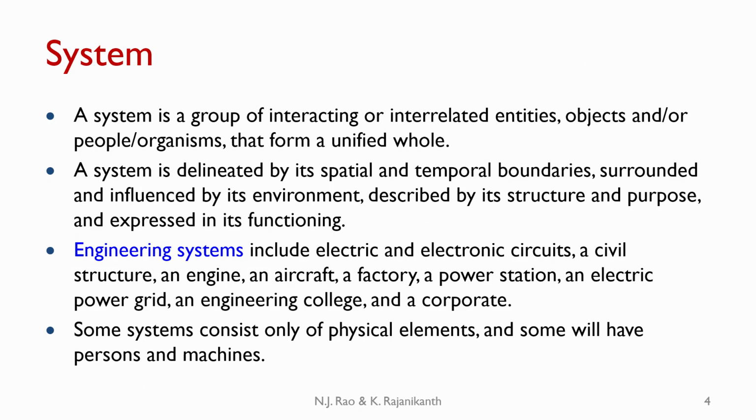Some systems have only physical elements, like circuits or a civil structure. But some, like a factory, a power station, an engineering college, or a corporate, will also have persons and machines together. The persons and machines are interacting with each other.